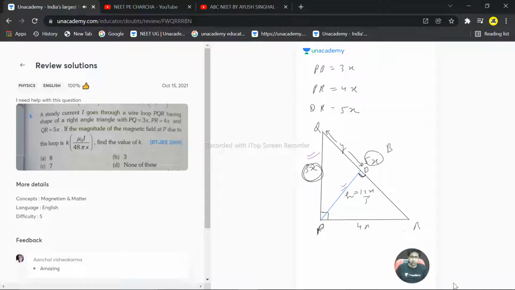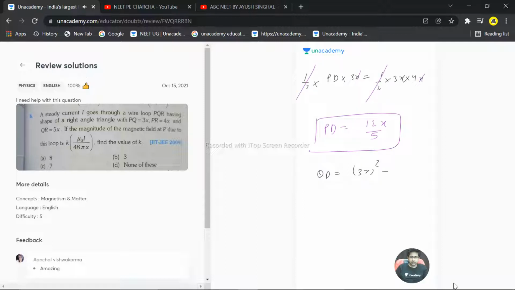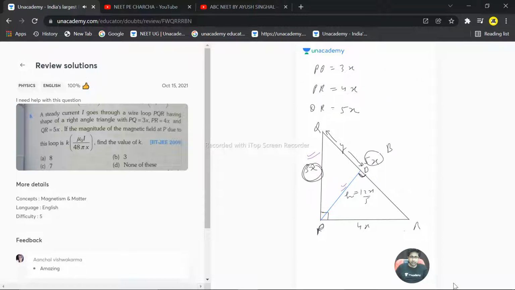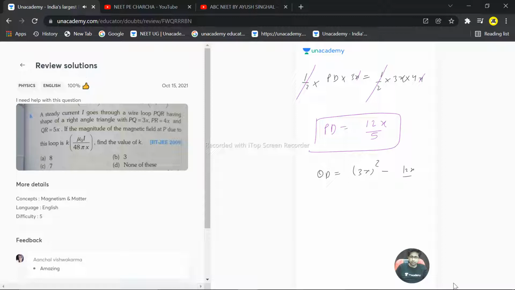So QD square is 3x square minus 12x by 5 whole square. This comes out to be 9x square minus 144x square by 25.